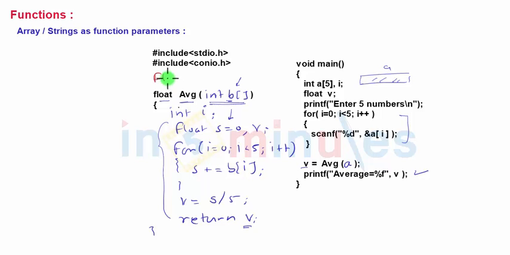We write float as a return type, then function name as avg, then in bracket we have to mention only type of the array and the box bracket to mention array as a parameter, and then semicolon, because a function declaration requires return type, function name and variable types, that is parameter types. So you have to mention int box bracket to mention int array as a parameter, and then semicolon to terminate the declaration.